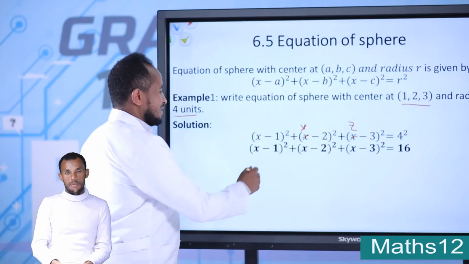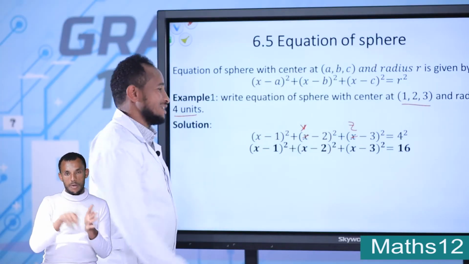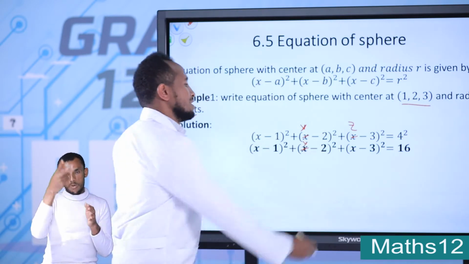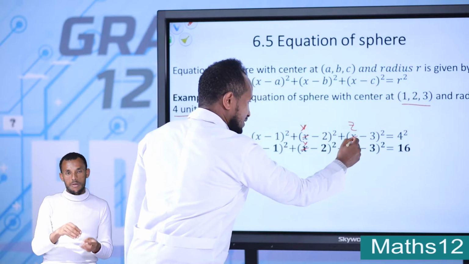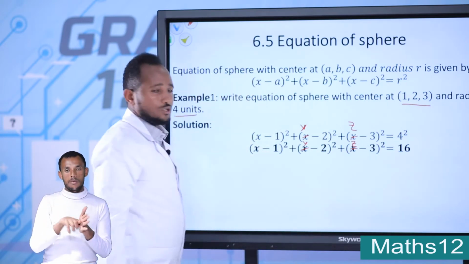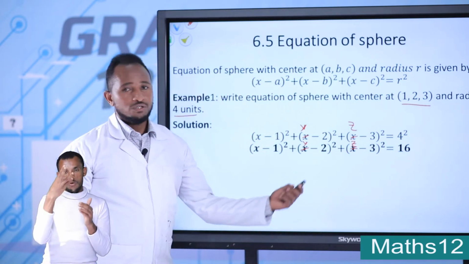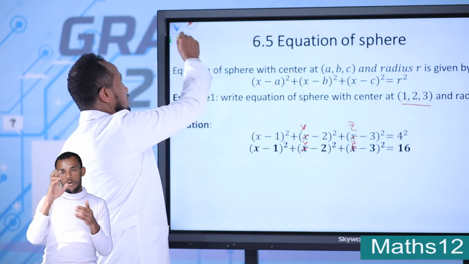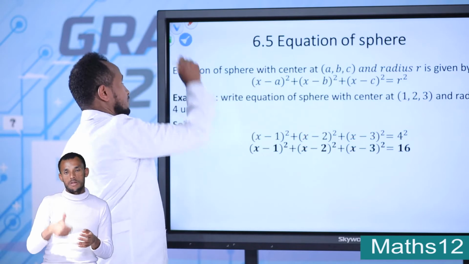Therefore, here we will have x minus 1 the whole squared, plus y minus 2 the whole squared, plus z minus 3 the whole squared, equals 16. So this will be the equation of the sphere. Now let's add more examples.